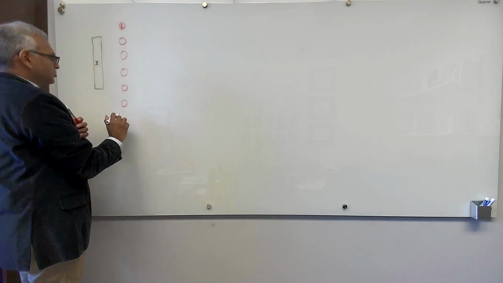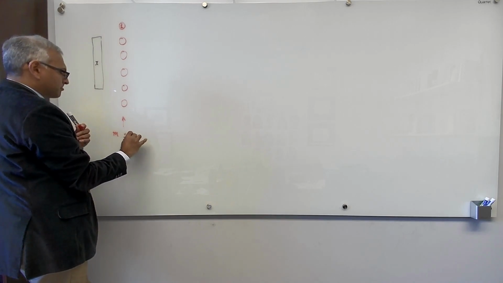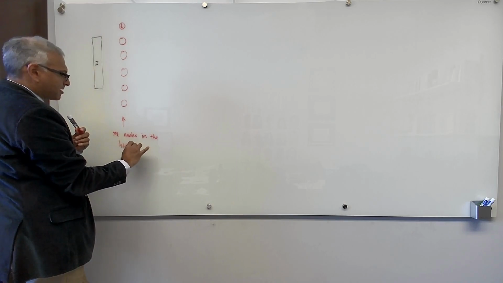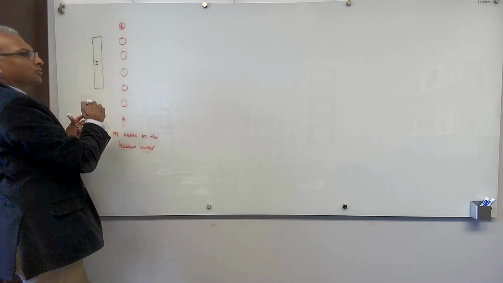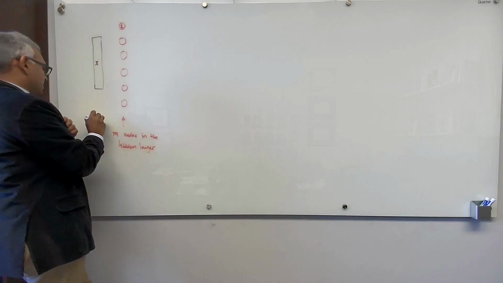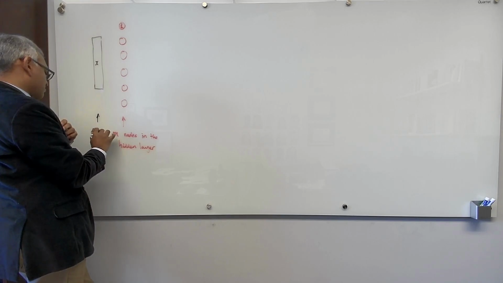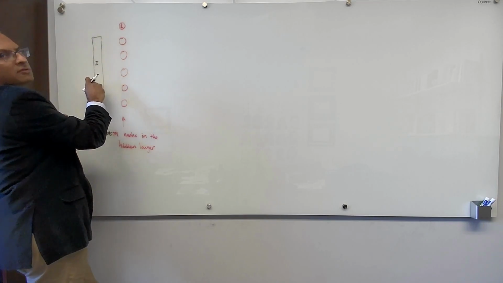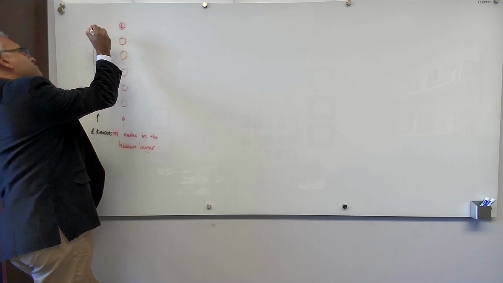Let us suppose that you have M nodes in the hidden layer, and your input has D dimensions. So there are actually D plus 1 vertices here with the augmented 1.